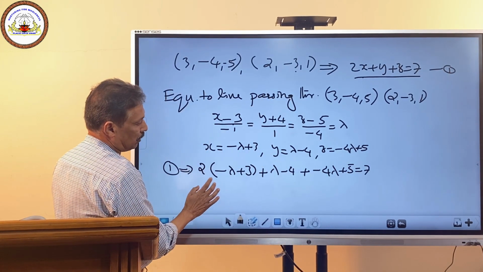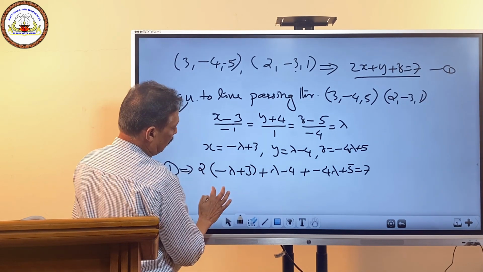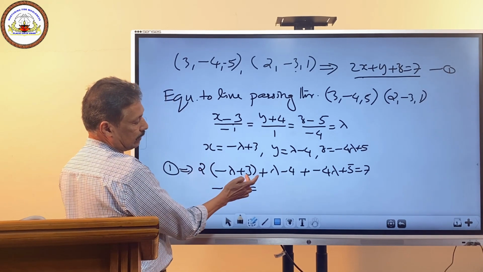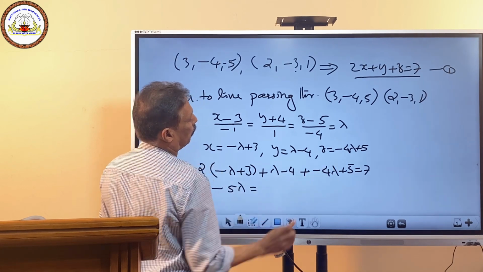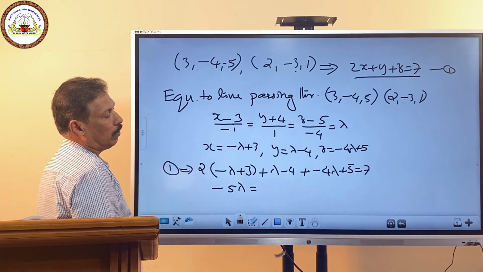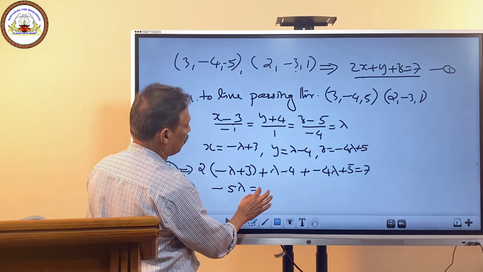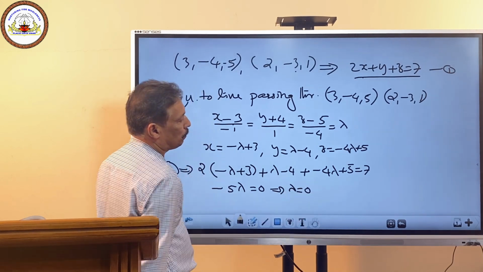Simplifying, minus 2 lambda plus lambda plus 6 lambda, and the numerical terms 6 minus 4 minus 5, that is equal to 7.